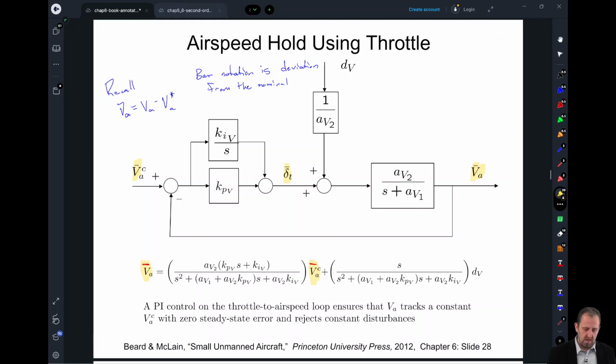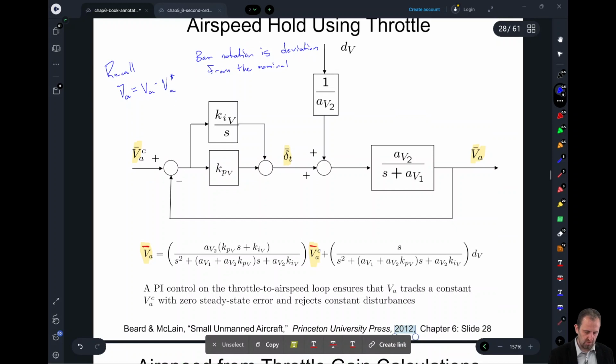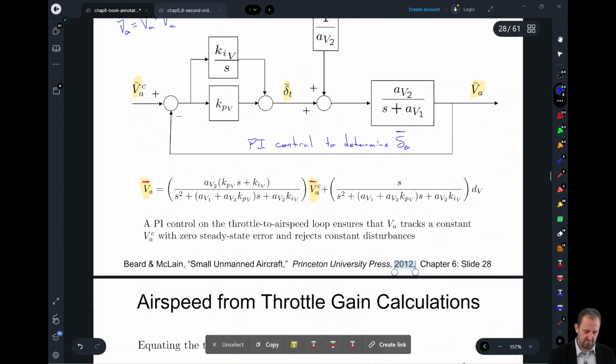Okay, so we have this transfer function again, and we have a second order system. So we're designing another PI control to determine our deviation from our nominal throttle.